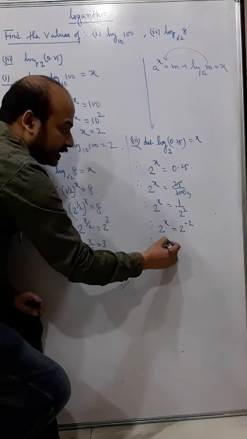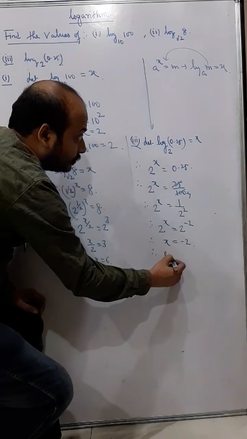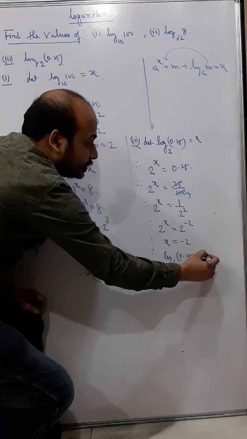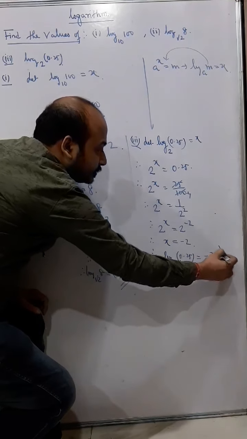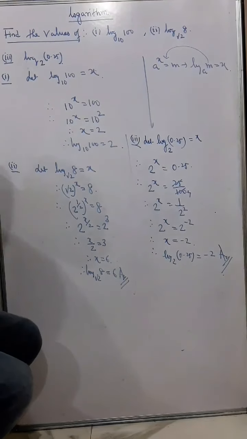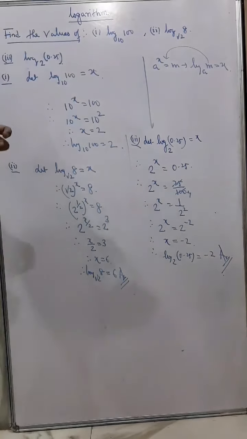And therefore x equals minus 2. Finally I can say that log base 2 of 0.25 is equal to minus 2. Understand? Just copy this.